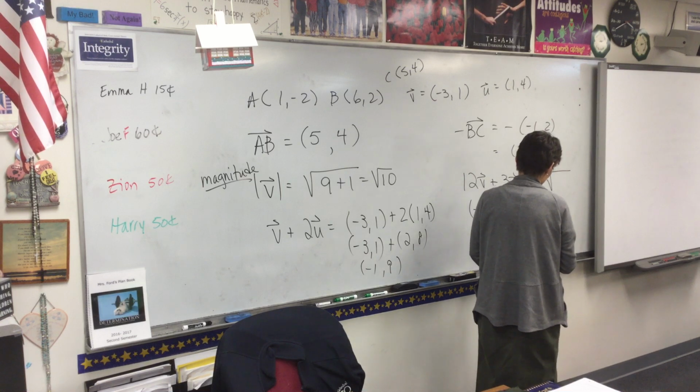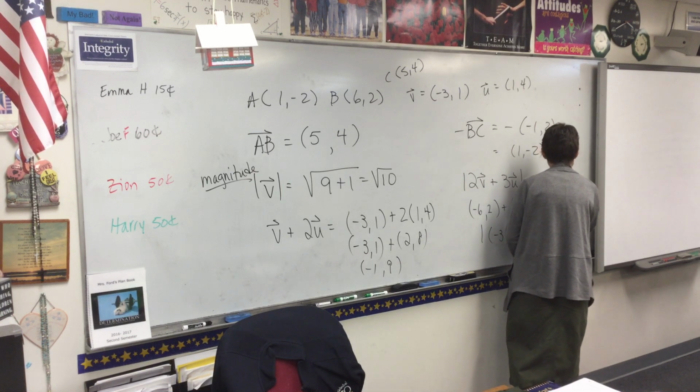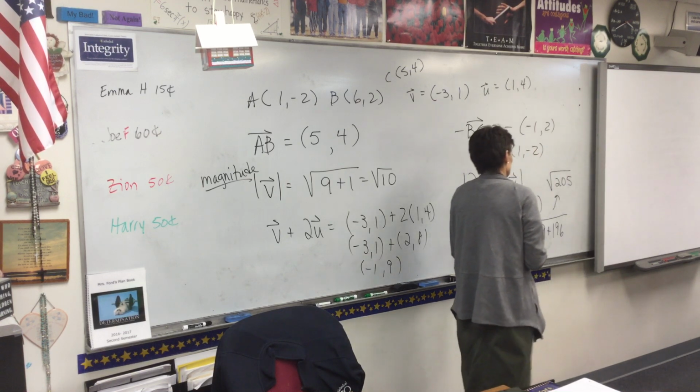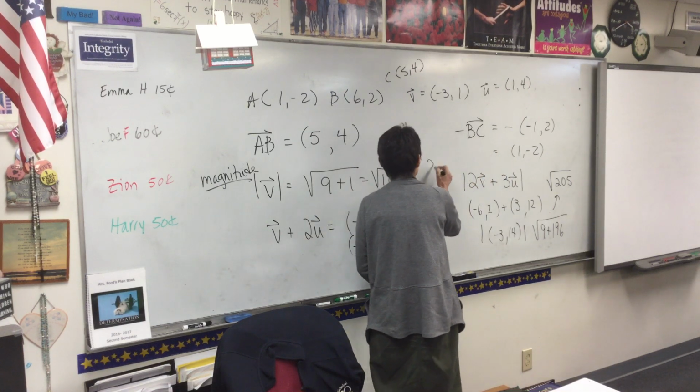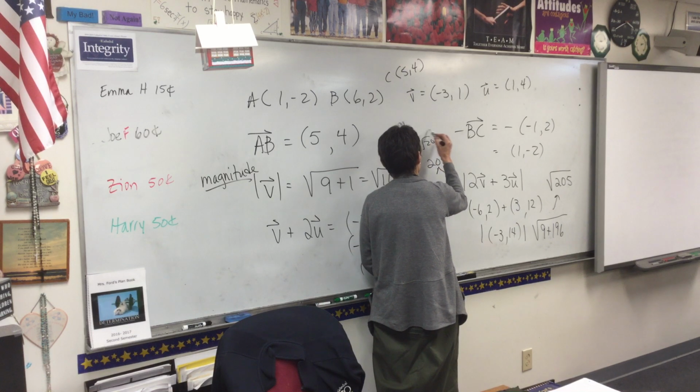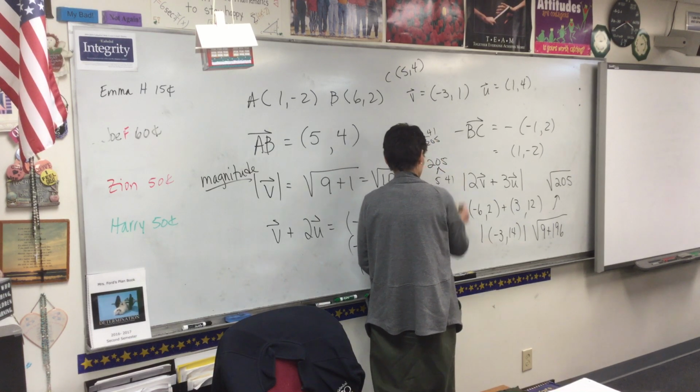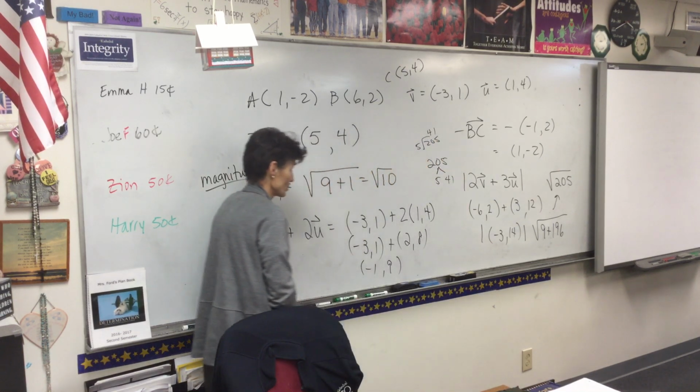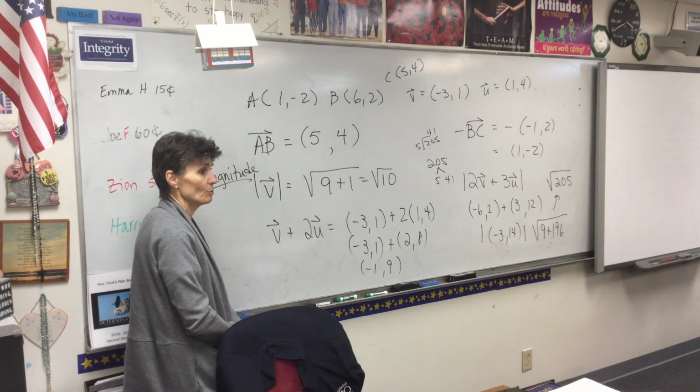So what is that? 205? Does 205 break down? Nope, actually it doesn't. It's 5 times 41. So the answer is just root 205.